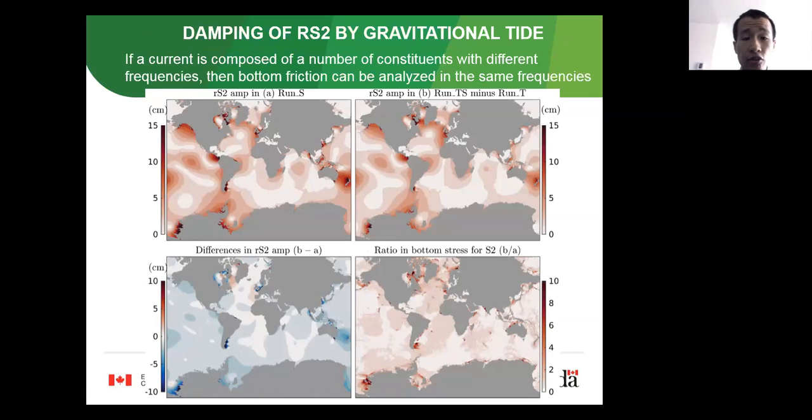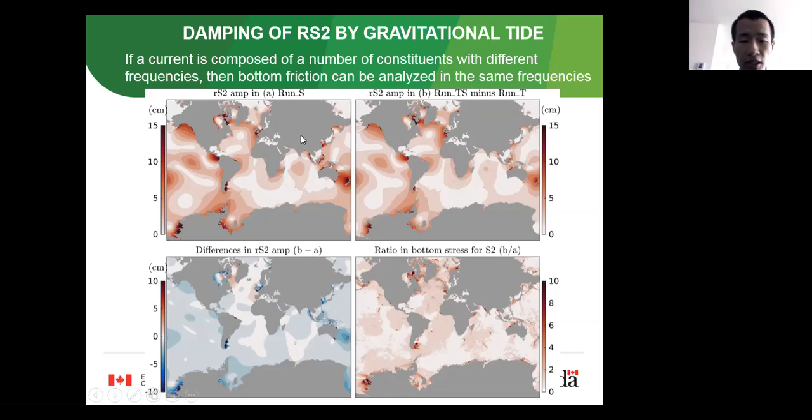Next, we look at the nonlinear interaction associated with the radiational S2 tide, and to our knowledge, this has not been looked at before. Previous studies only show the RS2 amplitude derived from the difference between the combined tidal surge run and the tidal only run, which I show in the top right panel.